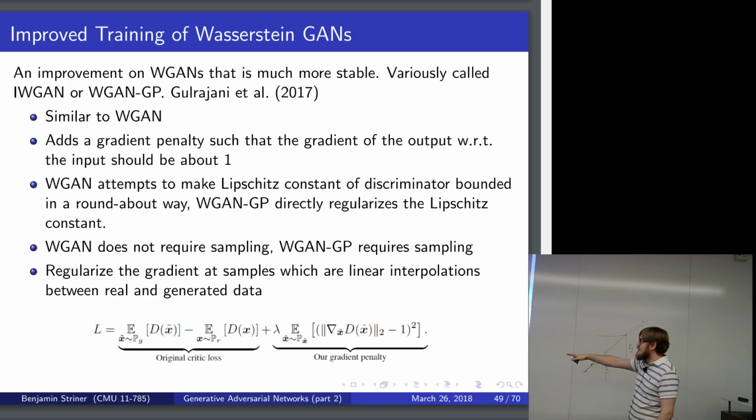But it takes the samples, it calculates the gradient at those samples, and says the gradient should be about equal to 1. What does that mean? That means you're not going to have really high gradients in your function anywhere. You're not going to have really sharp things anywhere in your function because your function is going to have a gradient of about 1 just about everywhere. Pretty straightforward, and that's how they are approaching the idea in general of smoothing.